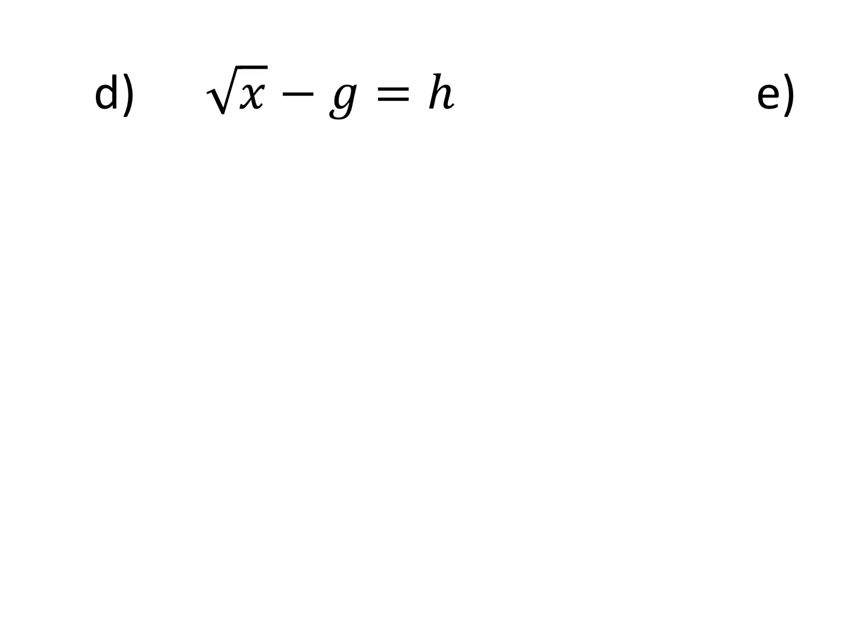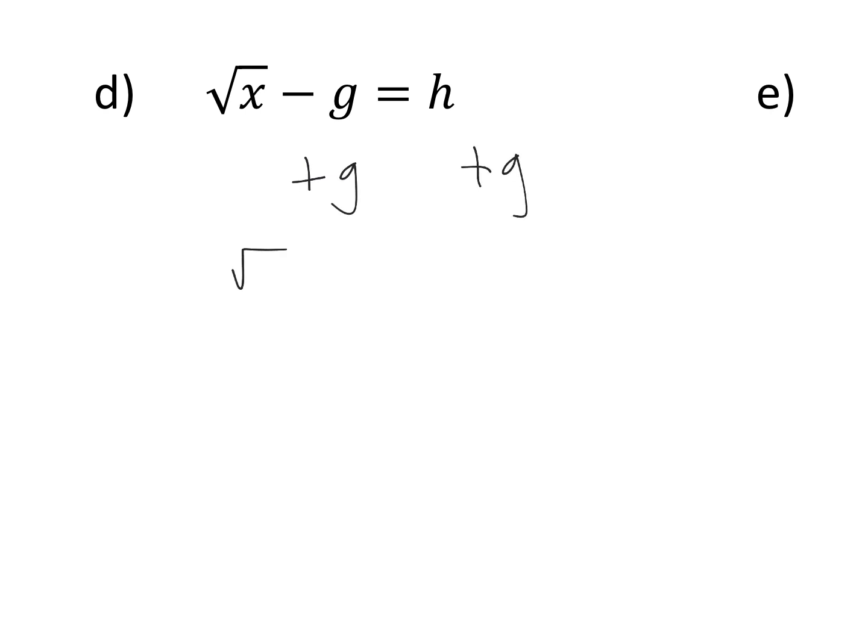Part D, we've got a square root here, but it's just the x that's being square rooted, not the whole left hand side, so we can't deal with that just yet. We're going to make the square root of x the subject first of all. So we can eliminate that g by adding g to both sides.